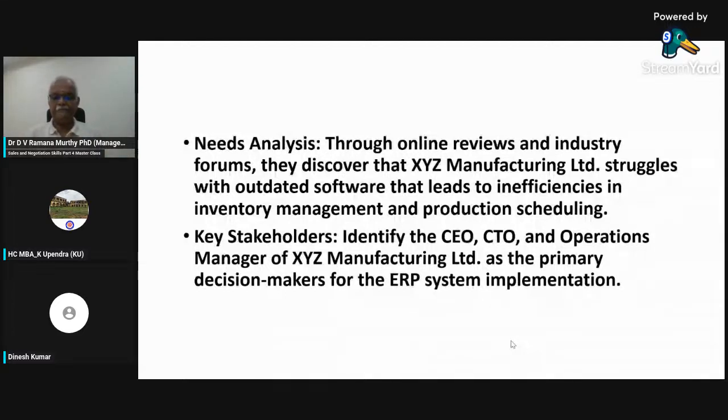Then for a final outcome, a CEO and his team can participate for a bargain regarding the price, system, incentives, whatever it is. So you need to identify the key stakeholders, and based on that, you can fine tune your sales arguments and the number of sittings that are planned.